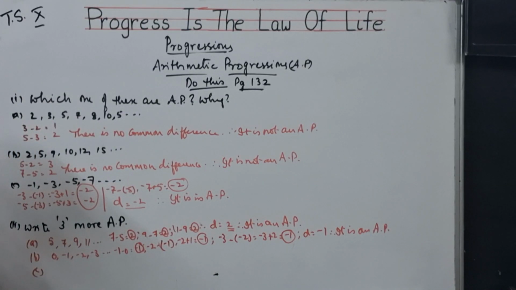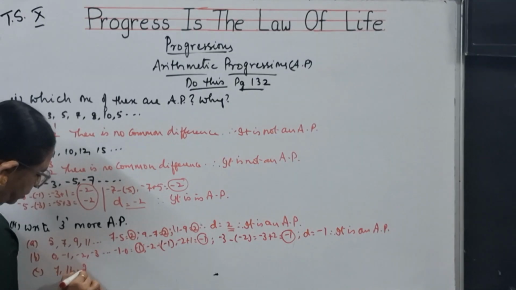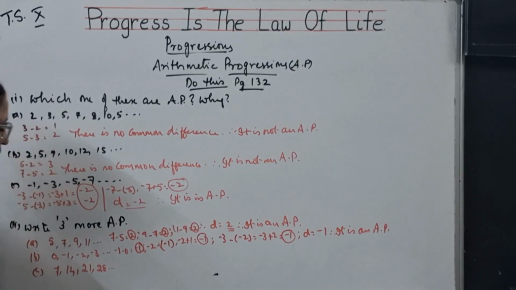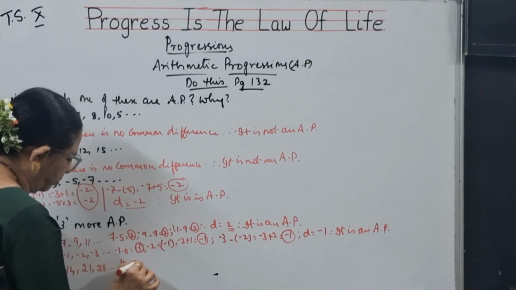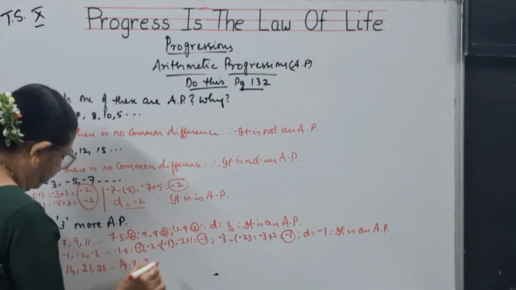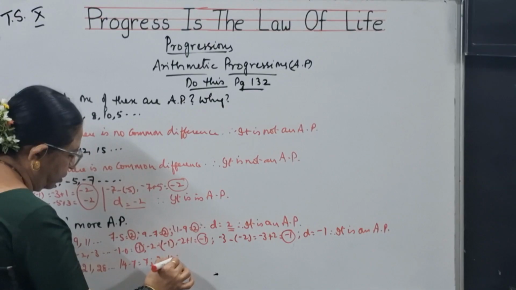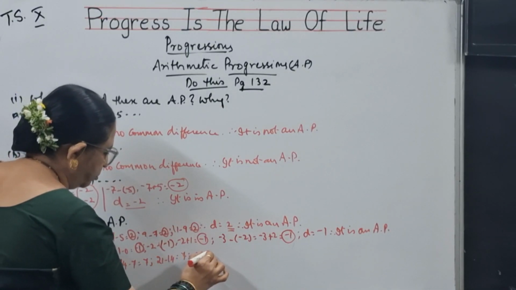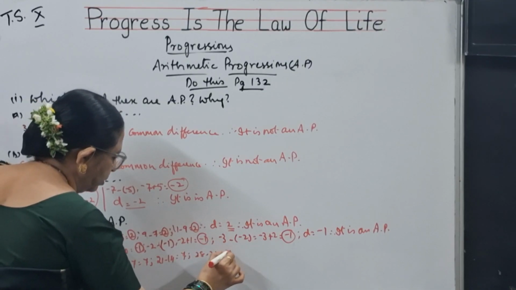Third example, let me take 7, 14, 21, 28, and so on. So if I take this, 14 minus 7 is equal to 7. 21 minus 14 is equal to 7, and 28 minus 21 is equal to 7.